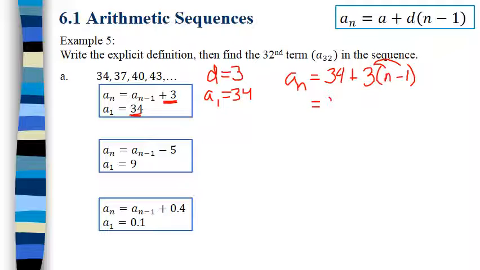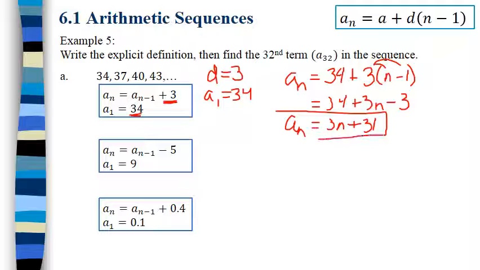So we have 34 plus 3n minus 3, which we can then write as 3n plus 31. And so a sub n equals 3n plus 31. You'll notice that the 31 is exactly 3 less than 34 because it's a step back. That's your y-intercept. That would be your 0 term if you had one.